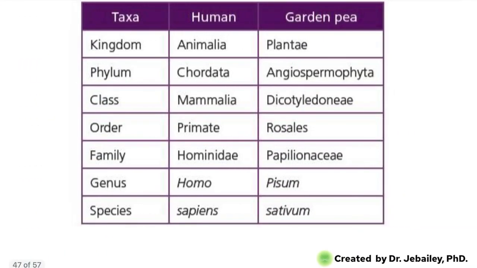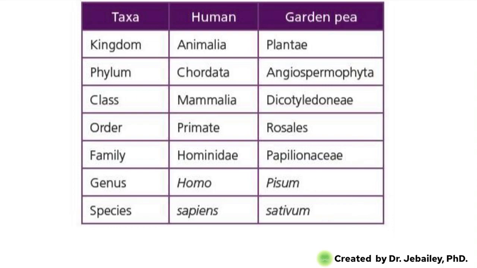Here are the 2 examples that the students can use. If you have to memorize, because that's one of the requirements, you have to memorize one for the animal and one for the plant. So here we have the humans: kingdom Animalia, Chordata, Mammalia, Primate, Hominidae, Homo sapiens. For the garden pea, we have Plantae, Angiospermophyta, Dicotyledoneae, Rosales, Papilionaceae, Pisum and sativum.